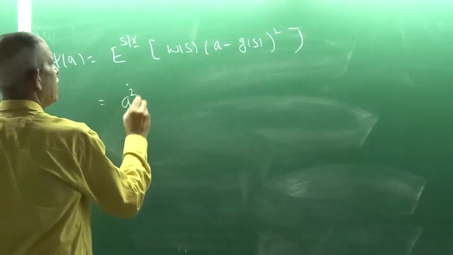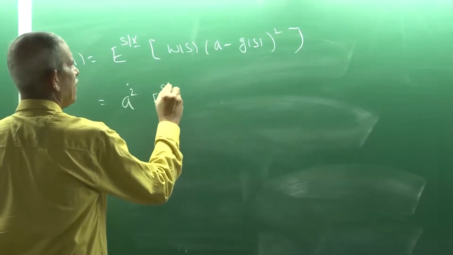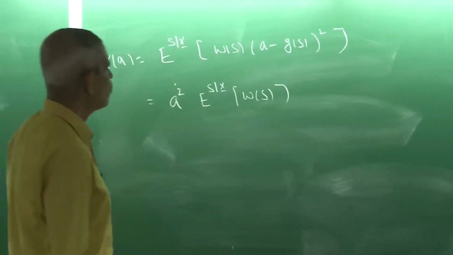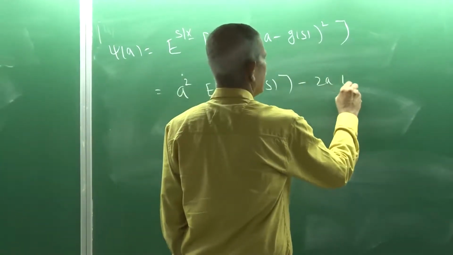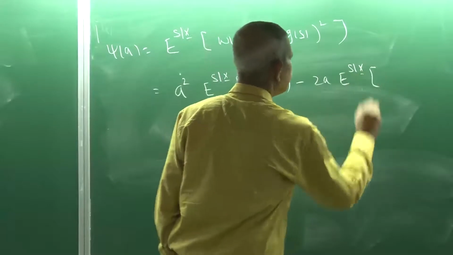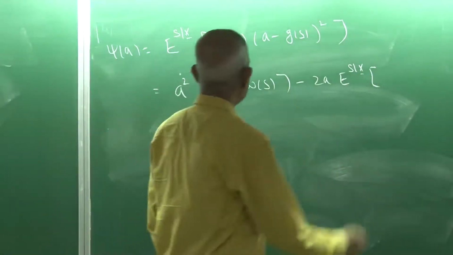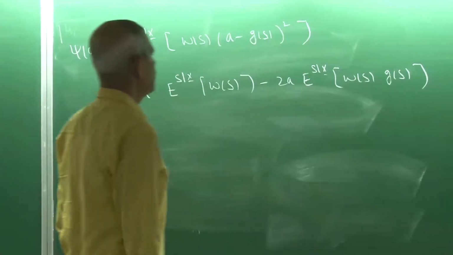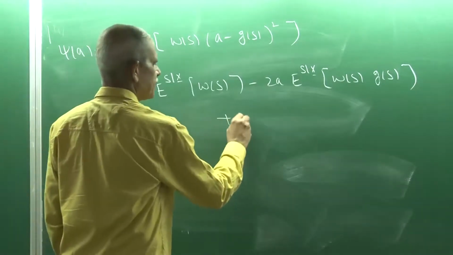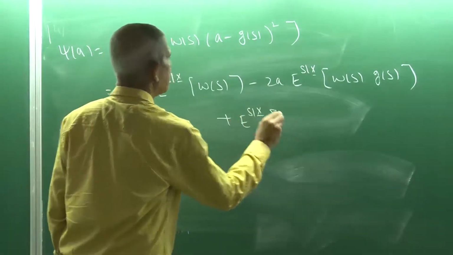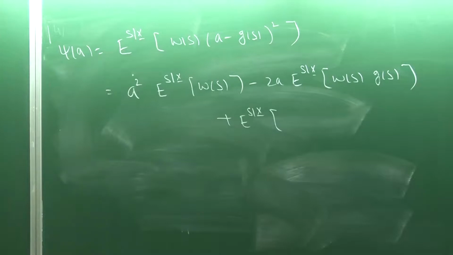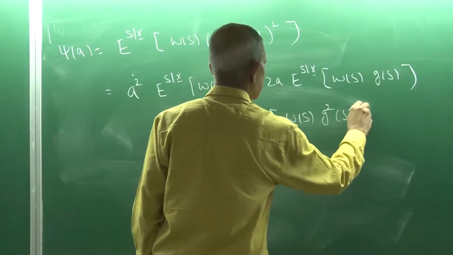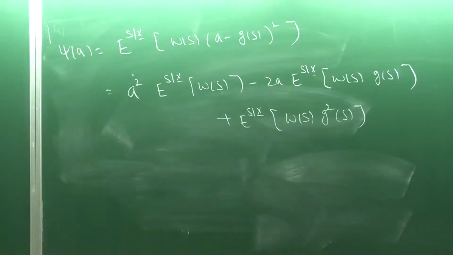It becomes A square expected value of S given X into Ws, minus twice A expected value of S given X of Ws into Gs, plus E of S given X of Ws into G square S. I need to minimize this.